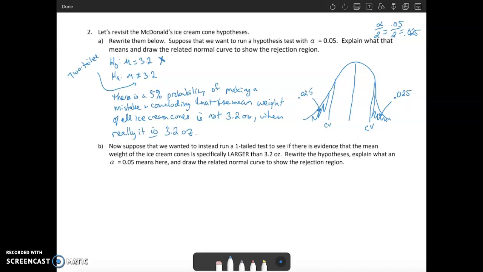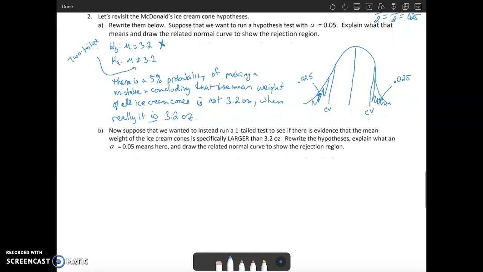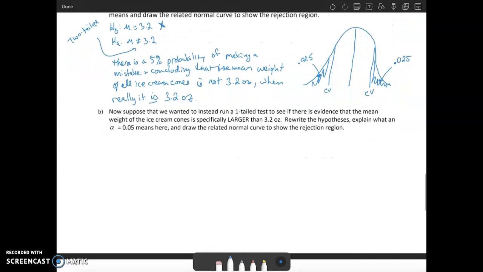Now it says, suppose you want to instead run a one-tailed test to see if there is evidence that the mean weight of these ice cream cones is specifically larger than 3.2 ounces. Rewrite your hypotheses, explain what an alpha equals 0.05 means here, and draw the related normal curve to show the rejection region. So now, my null would still look the same.